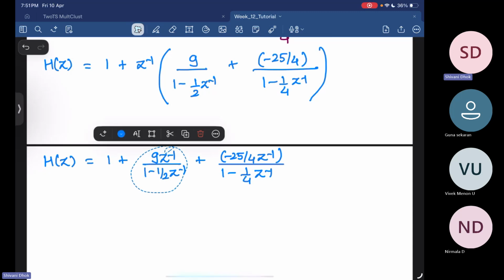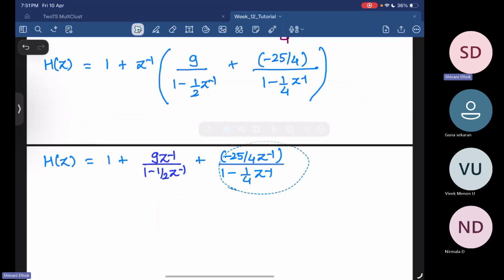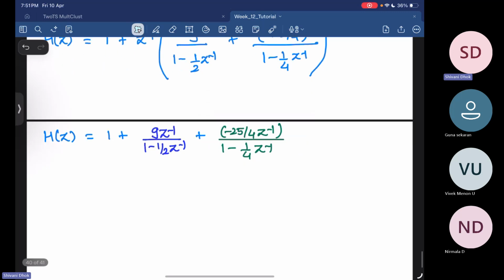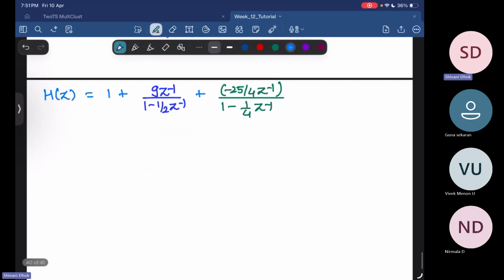So again, let me color code this. So 1 is as it is, then this is your first system, this is your second system, and this is your third system. So 1 will remain as it is. Then you have the second system, which has the same input as x of n.